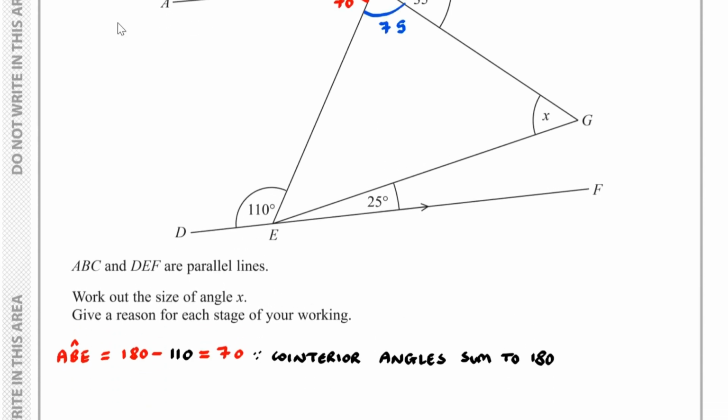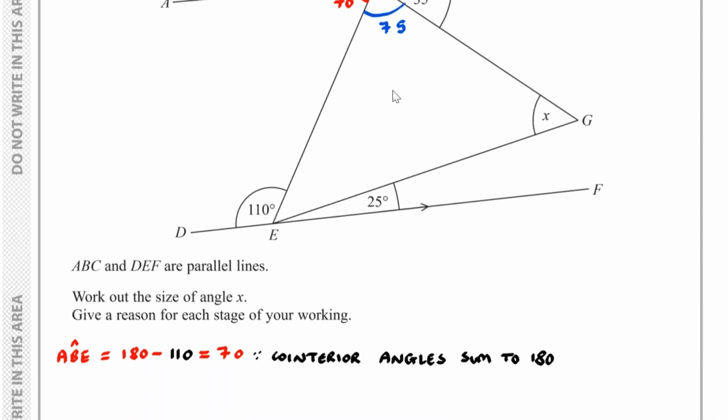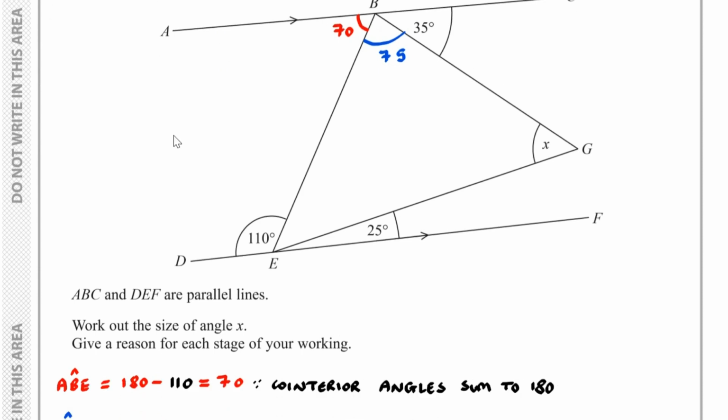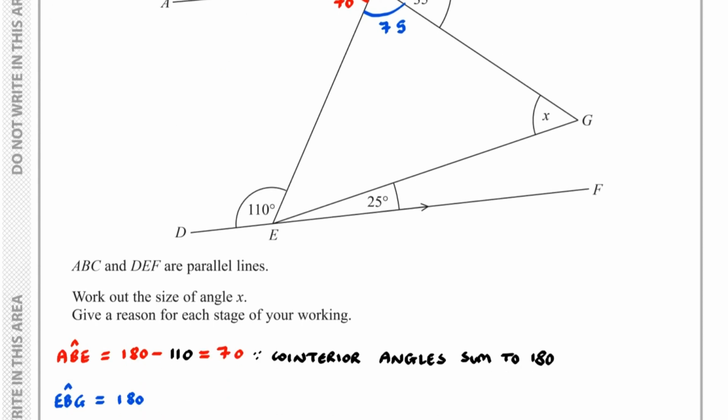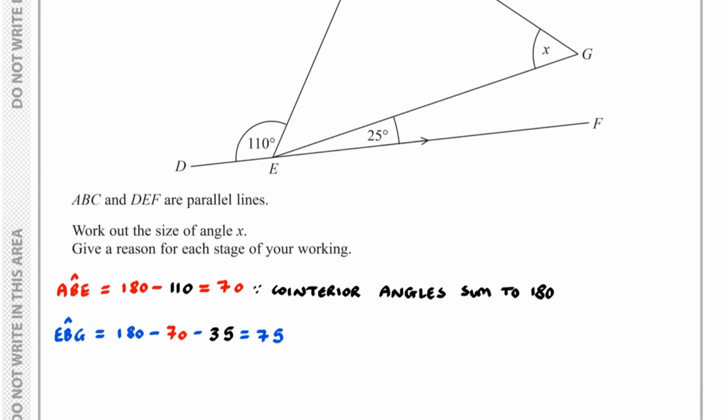Then we've got this angle here, which is 75, because we've got angles on a straight line which sum to 180. So we've got the angle BEG, which is equal to 180, subtract the 70, subtract the 35 from here, which is 75, because angles on a straight line sum to 180. And this angle here, for the same reason, is also equal to 45, because angles on a straight line sum to 180.